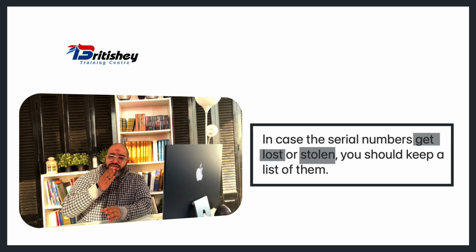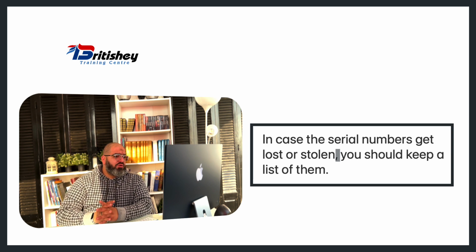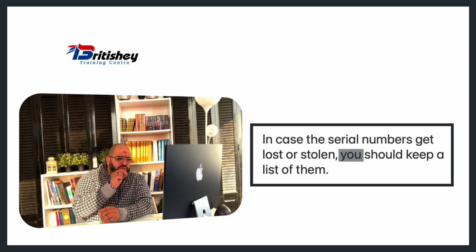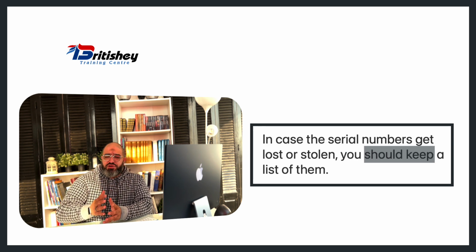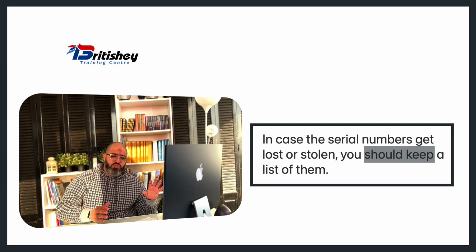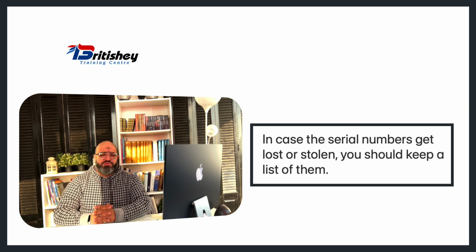And then we have get lost or stolen, that's the verb. Now look at what's in the middle. It's a comma, wonderful. And then what's after the comma? You should. You is a subject, should keep is a verb. When we started with the adverb connector, we put a comma between the two clauses in the middle.